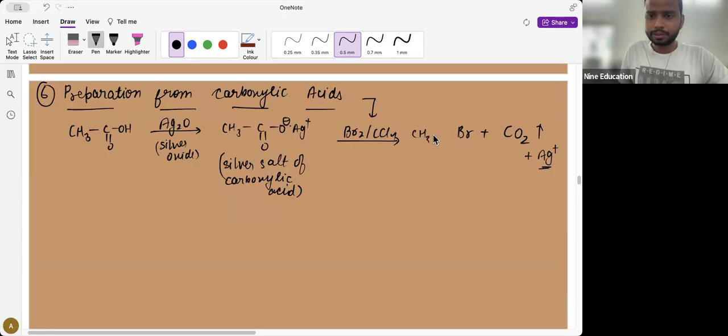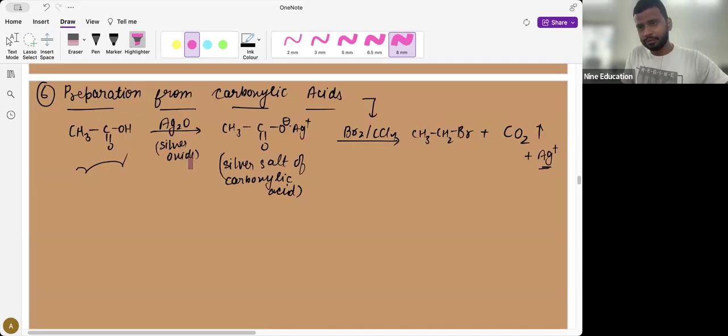If I want to convert this carboxylic acid to an alkyl halide, I can use silver oxide in the first reaction. This silver oxide makes the silver salt of the carboxylic acid. And if I put Br2 in CCl4 in this reaction, CH3CH2Br will be made, CO2 will go out of the reaction, and Ag positive, that salt will be made again.